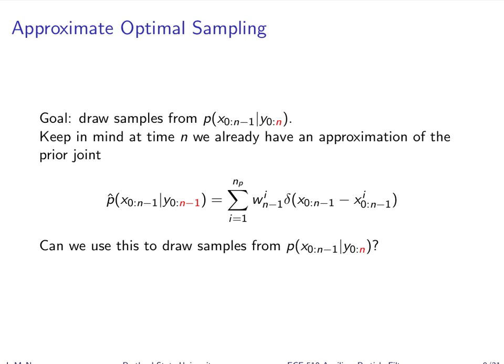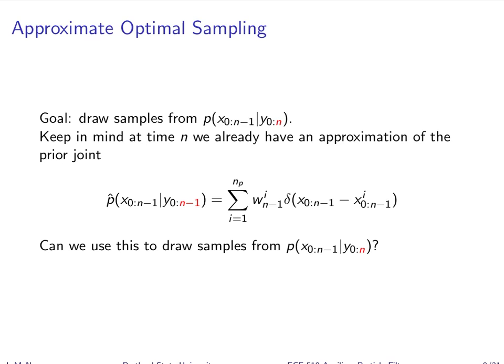It starts by recognizing that we're already kind of close. We've already got something close to what we need, because we've got this approximation of the entire joint posterior that takes into account all the measurements up to time n-1. That's kind of an asset that we have.